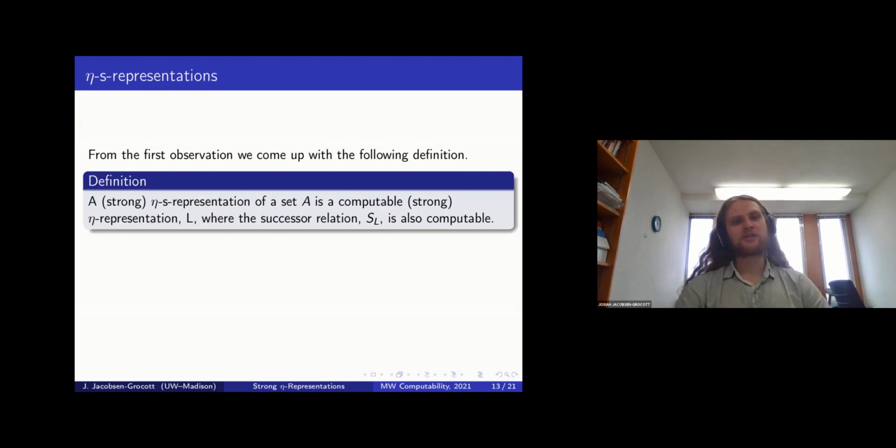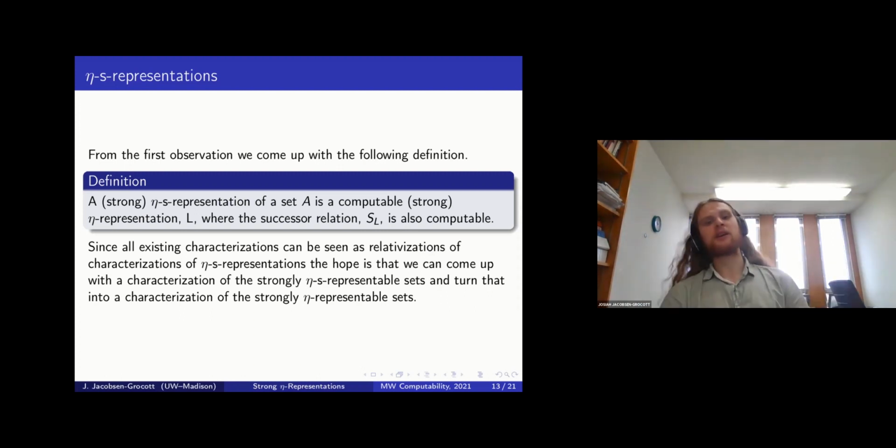So looking at the first observation, it makes sense to come up with the following definition. An AD-S representation of a set A is a computable AD representation L, where the successor relation is also computable. Similarly, a strong AD-S representation of a set A is a computable strong AD representation with computable successor relation.